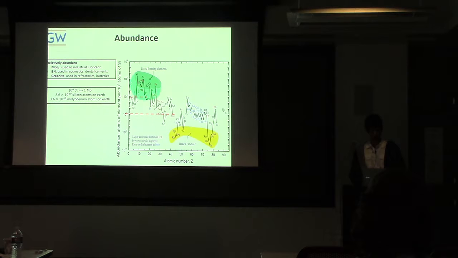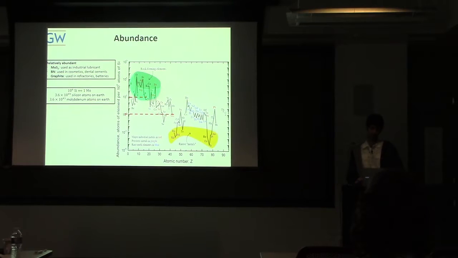So I've done a back-of-the-envelope calculation here. This graph shows how many atoms in Earth's crust we have per 1 million atoms of silicon. So here you see that for 1 molybdenum atom, there are 1 million silicon.